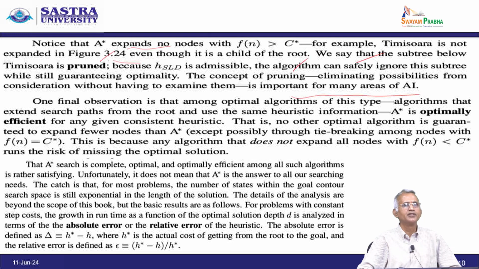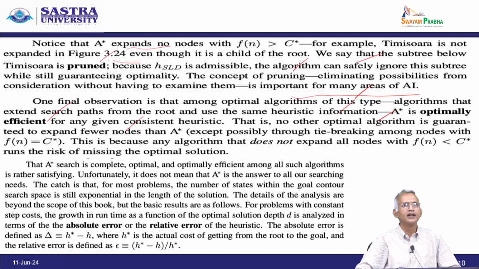One final observation is that among optimal algorithms of this type, algorithms that extend search paths from the root and use the same heuristic information, A star is optimally efficient for any given consistent heuristic. That is, no other optimal algorithm is guaranteed to expand fewer nodes than A star.